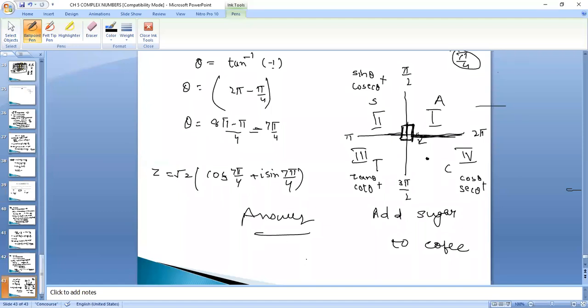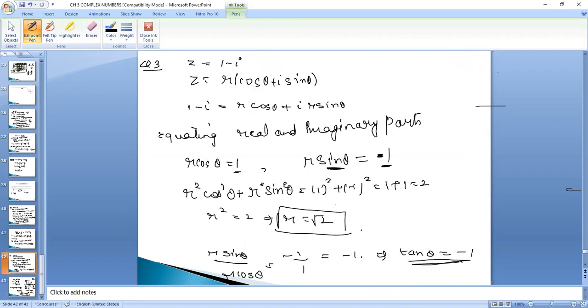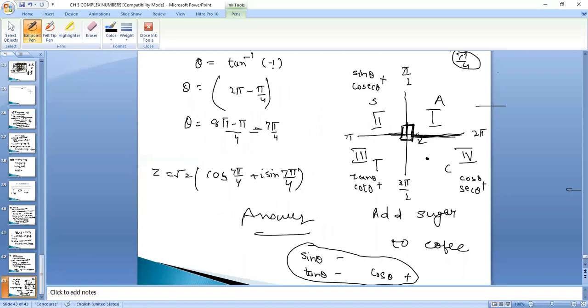We will write sine theta negative, tan theta negative and cos theta positive. I have checked the three combinations. My r cos theta, r sin theta is -1. R will always be positive, so sine theta will be my negative value. So sine should be negative, tangent should be negative, but cos should be positive. That is why we are getting the fourth quadrant.